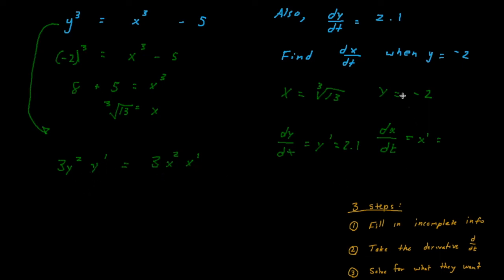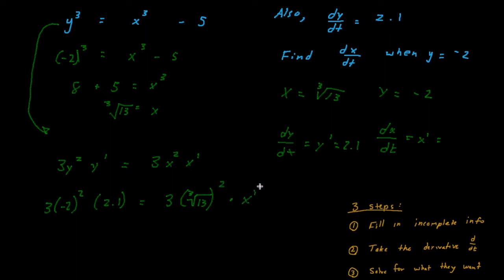And now all we need to do is plug in the information from over here to get the answer. So we know that y is -2. We know that y prime is 2.1. We know that x is the cube root of 13.